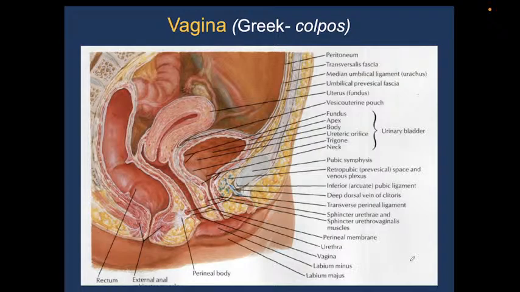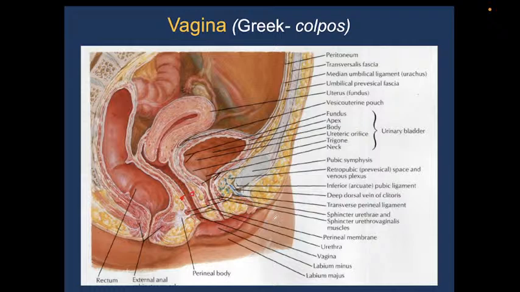The thickness of the vaginal wall is about 3 millimeters. I mean, this part we call the posterior wall and anterior wall. Usually it is no more than 3 millimeters thick.